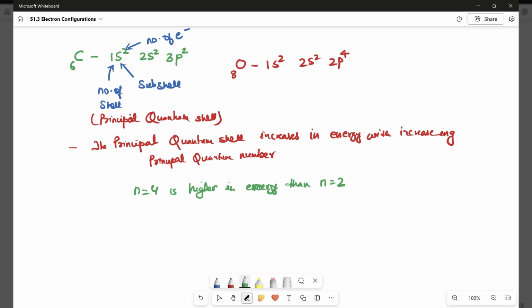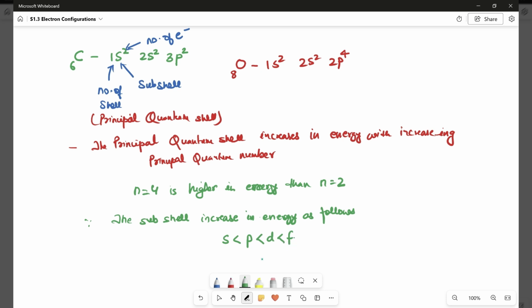So the subshells increase in energy in the order like this. So you have to remember that the subshell increases in energy as follows: first s, then p, then d, then f, like this.